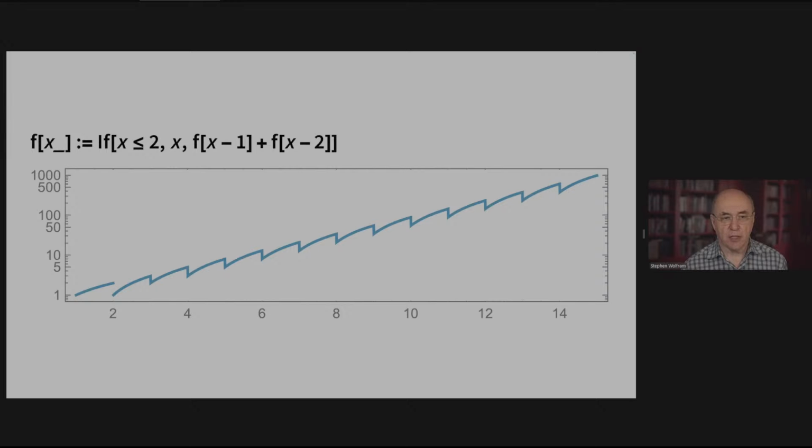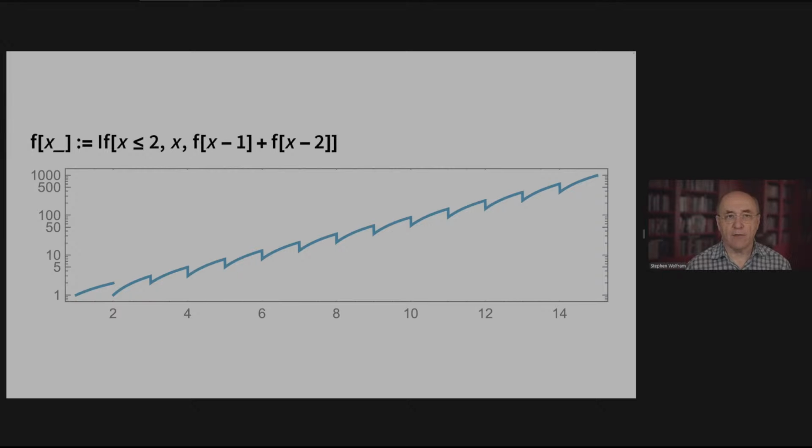This is now an initial condition where f of x equals x when x is less than or equal to 2. We can think of these as being solutions to a kind of Fibonacci delay equation where we've given initial conditions not at discrete points, but instead on an interval. So what happens with nestedly recursive functions?